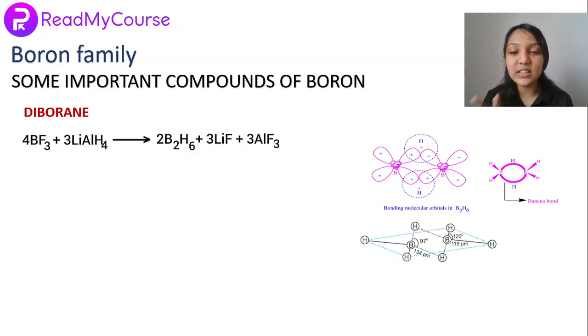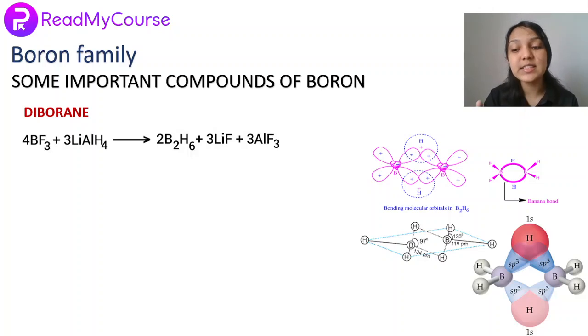And to be more clear, this is how it looks when the orbitals are involved. And this is the three-dimensional image of diborane. We can easily see that each boron is attached to two hydrogens separately, and there are two hydrogens above the plane and below the plane, and they are bridging between the two boron atoms, right?